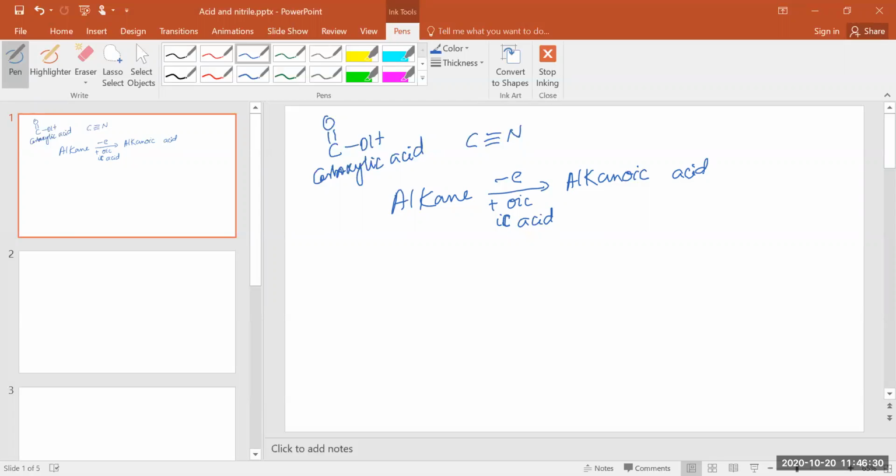So let's say just one carbon. If you have one carbon hydrocarbon alkane, we say methane. So one carbon acid will be like this. This will be called methanoic acid.